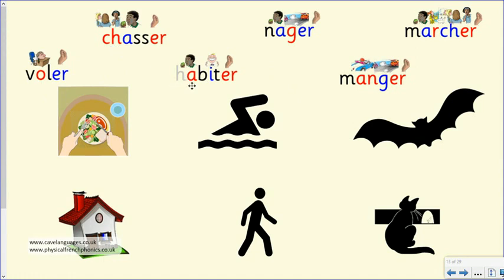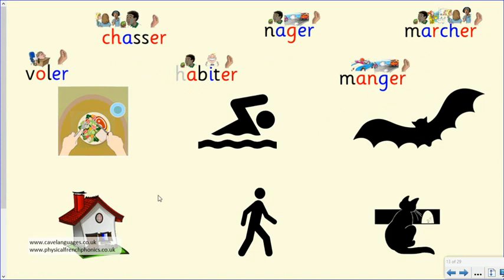Silent H, H is always silent. Habiter, this one. Nager, remember G before an E is Pascal J. Manger, remember AN is the hand on the horn sound on. Manger. Marcher. Voler, chasser, habiter, nager, manger, marcher.